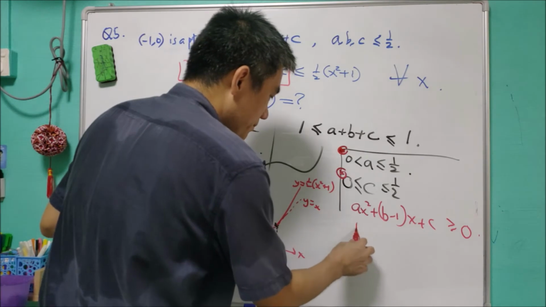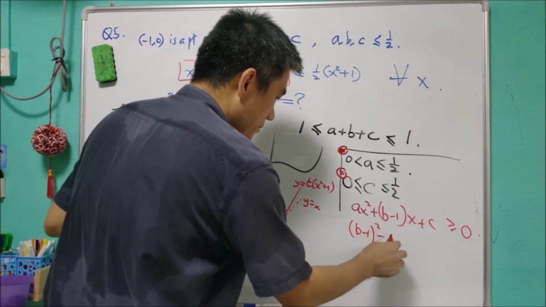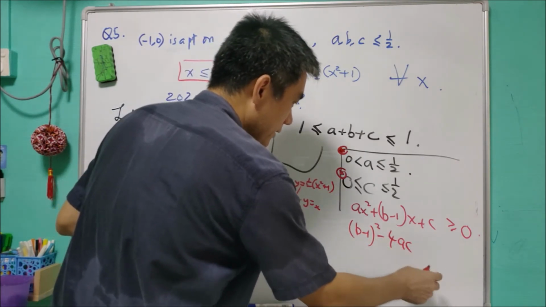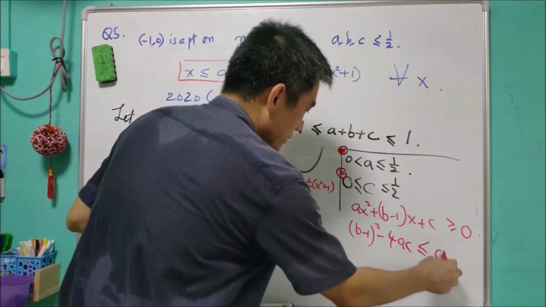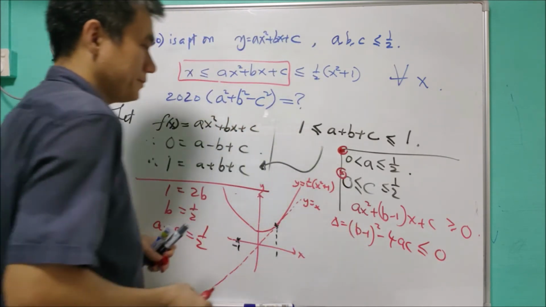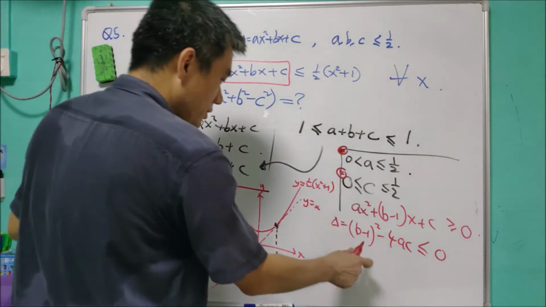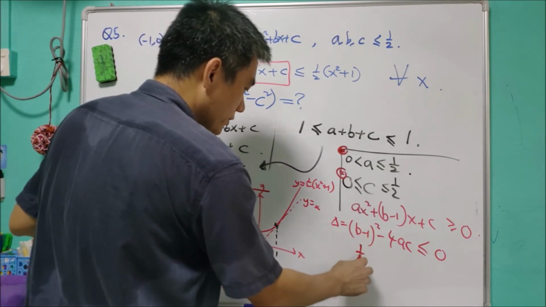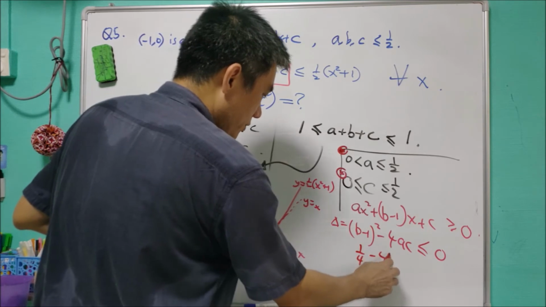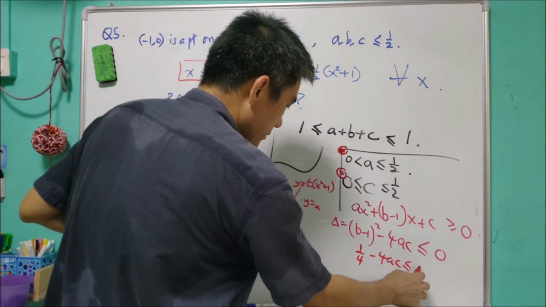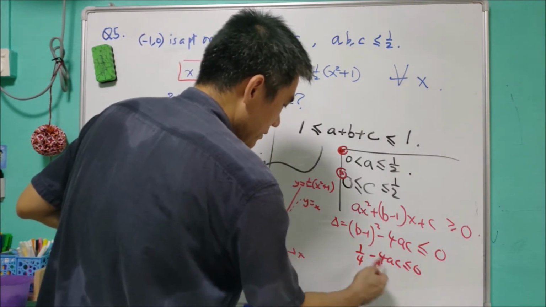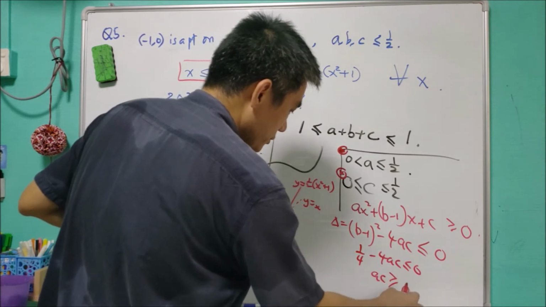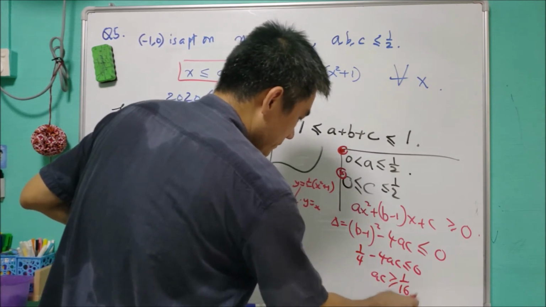The discriminant is (b minus 1) squared minus 4ac less than or equal to 0. Since b equals half, this will be (-1/2) squared, 1 over 4, minus 4ac less than or equal to 0. So ac will be greater than or equal to 1 over 16.